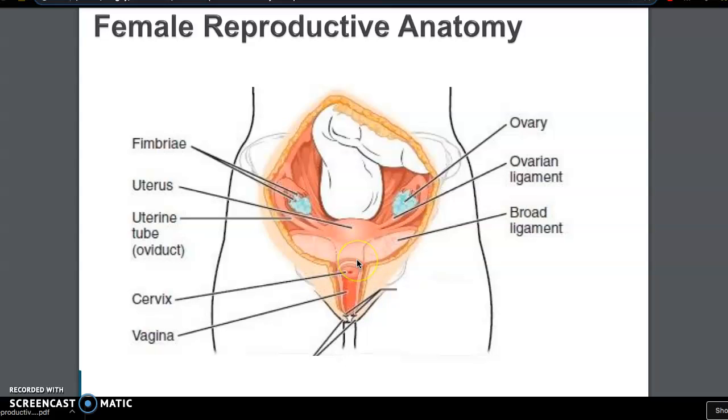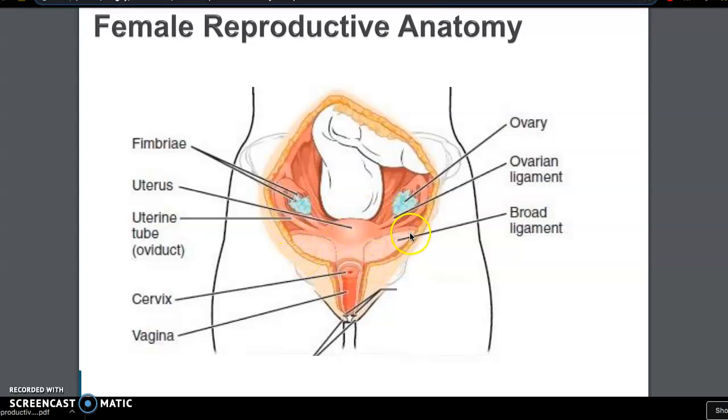The broad ligament is attached to the uterosacral ligament, which attaches to the sacrum, and is there to help secure the baby in the uterus and keep it from slipping into the vagina. In the case it does slip in, it's called a prolapse, which is when the uterus slips into the vaginal canal. It's a pretty unusual condition that causes concern for the carrier and the baby.